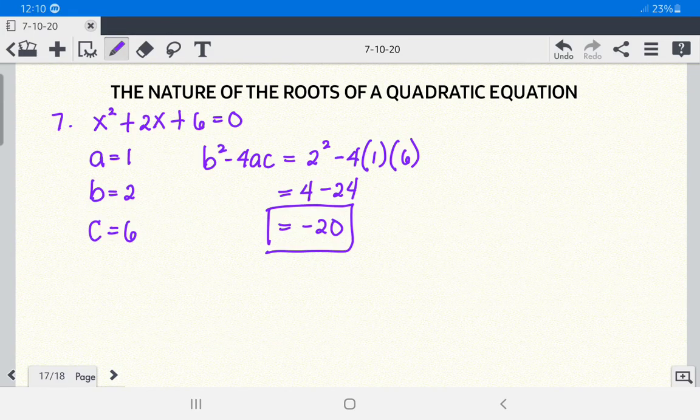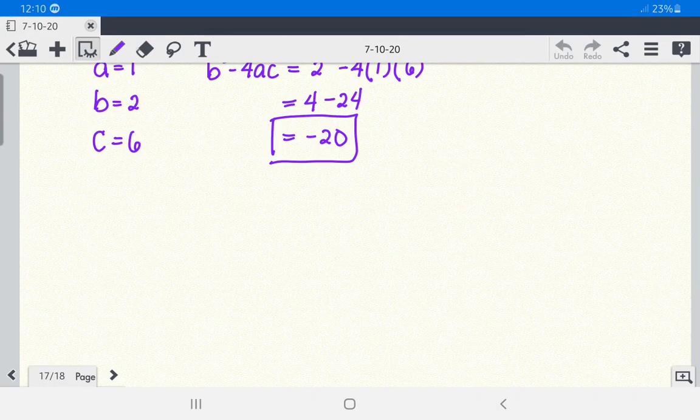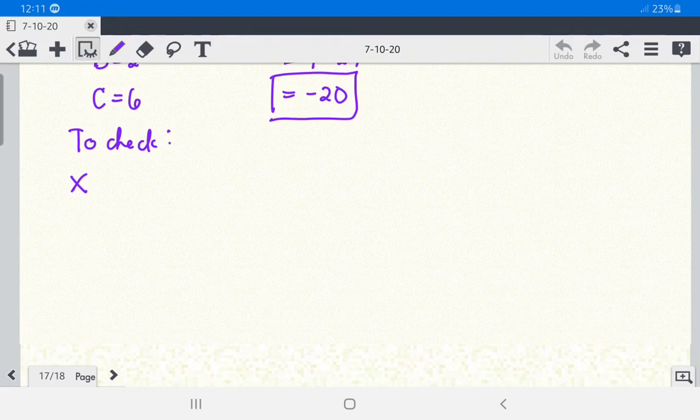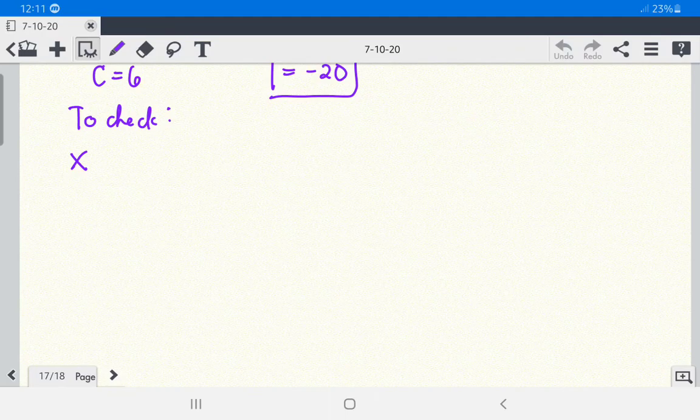So, let's check. To check, for the first root, let us make it 1 instead of separate solution.